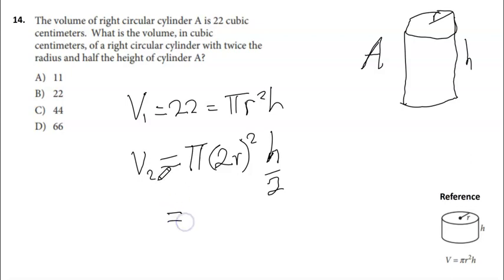So after you write the second volume, you just rearrange and see how it relates to the first, right? So here I'll have pi times 4 times r squared times h over 2. 4 because the 2 squared, right? Now I can simplify. 2 into 2 is 1. 2 into 4 is what? 2.